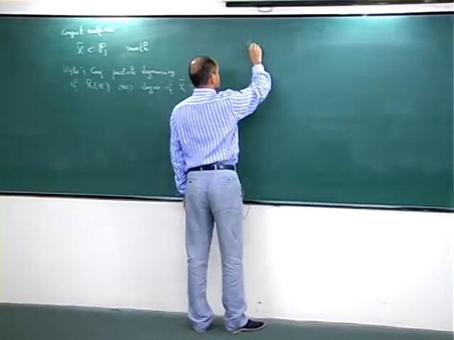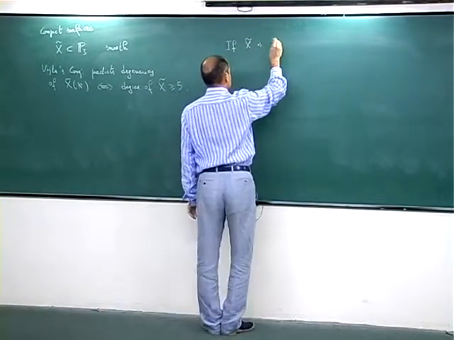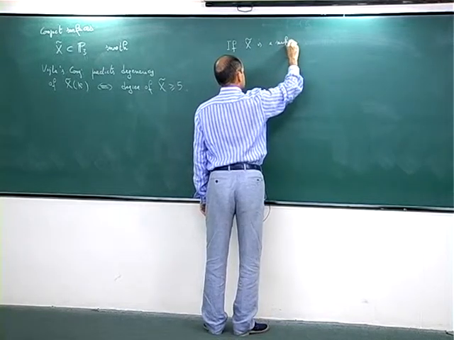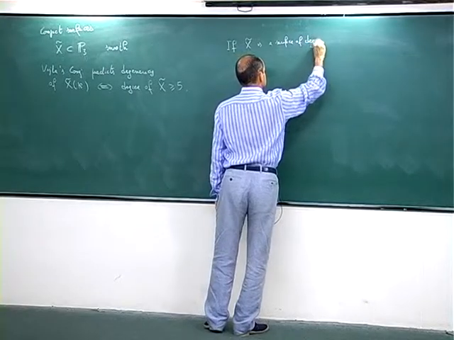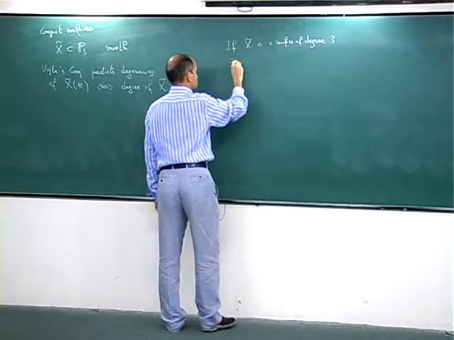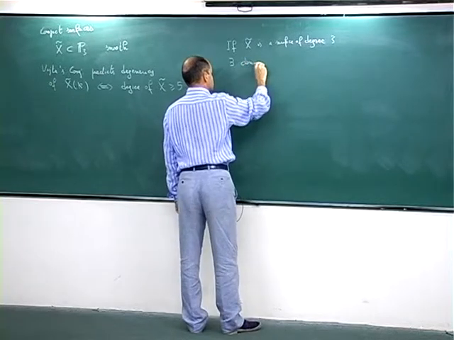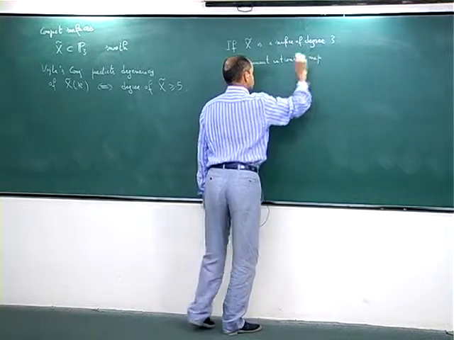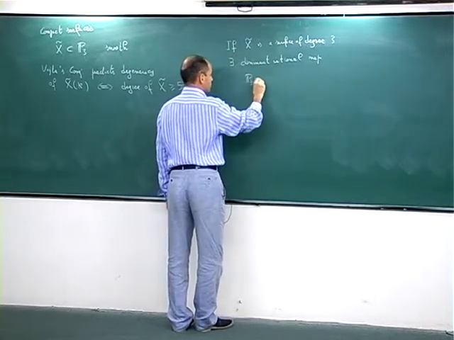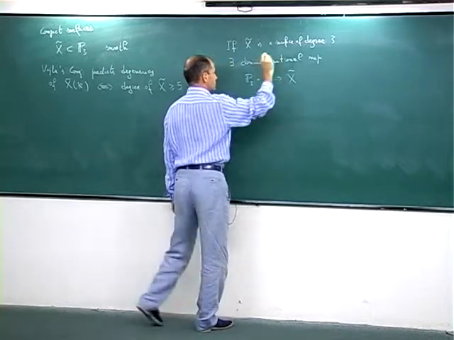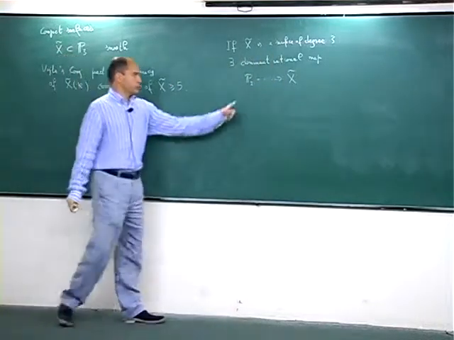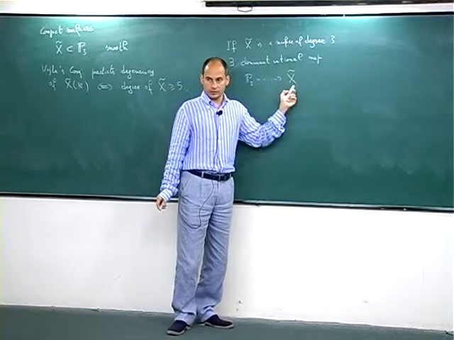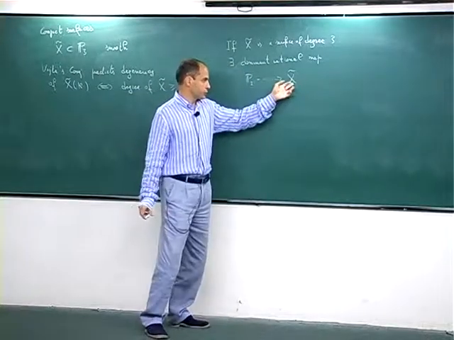So if X tilde is a surface of degree 3, there exists a dominant rational map from P2 to X tilde. So P2 has a Zariski dense set of integral points, so X tilde will also have a Zariski dense set of integral points, which means rational points.